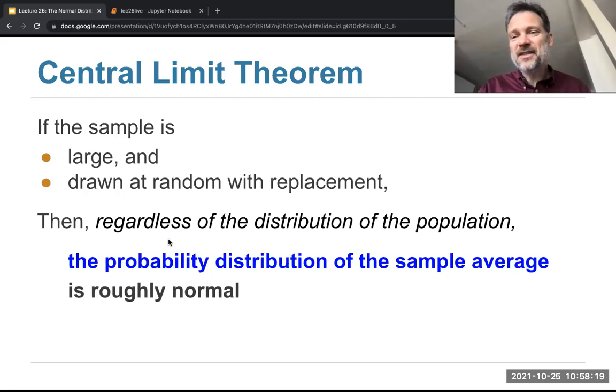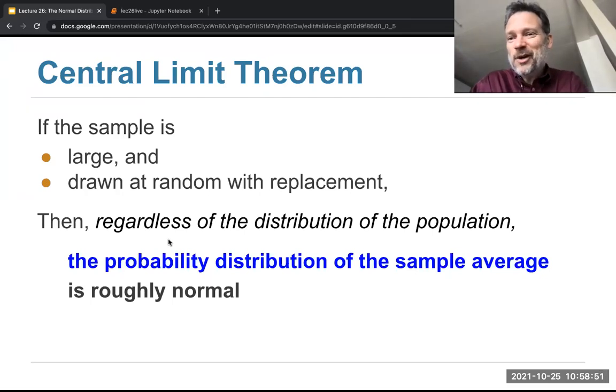We saw that the SD is related to the sample size. The larger the sample size, the smaller the SD. It goes down by about a square root factor. In next lecture, we're going to see the exact formula. But for now, the interpretation is that when you have sample means, a larger sample is better because it's giving you a more accurate estimate.